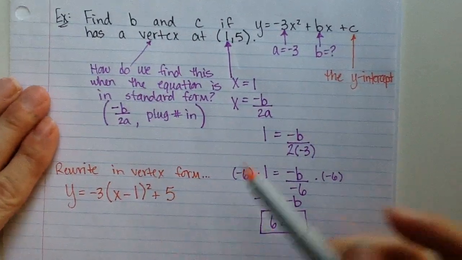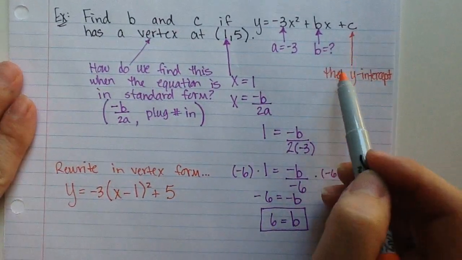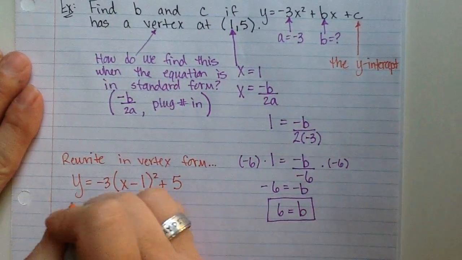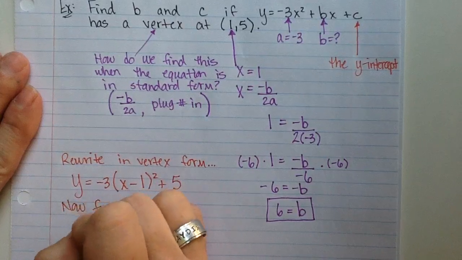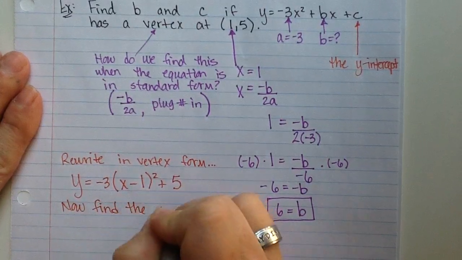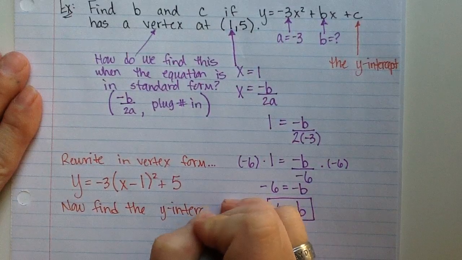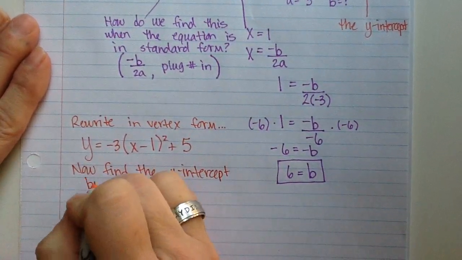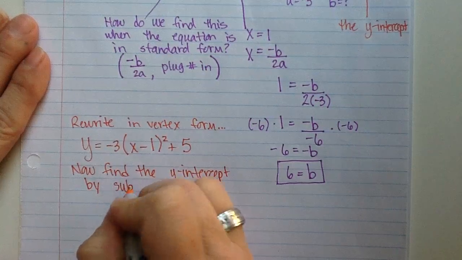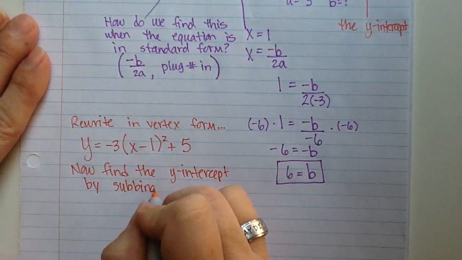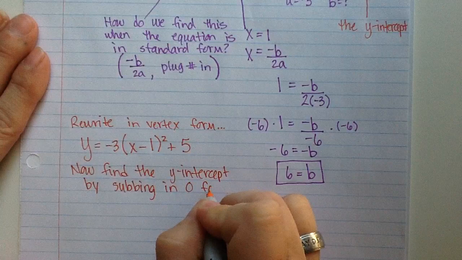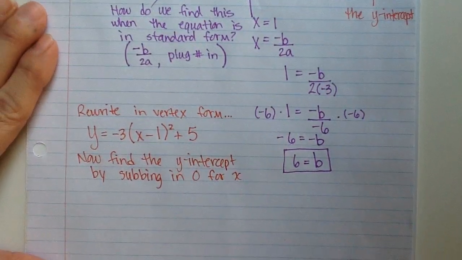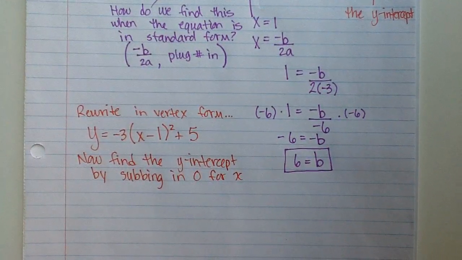So then, in order for me to find the value of c, which is my y-intercept, I'm going to find the y-intercept. And remember, in vertex form, what we do is sub in 0 for x. So now I'll find the y-intercept by subbing in 0 for x.